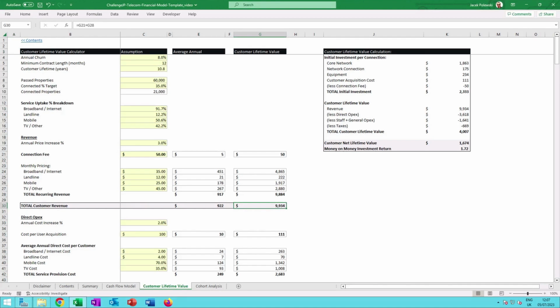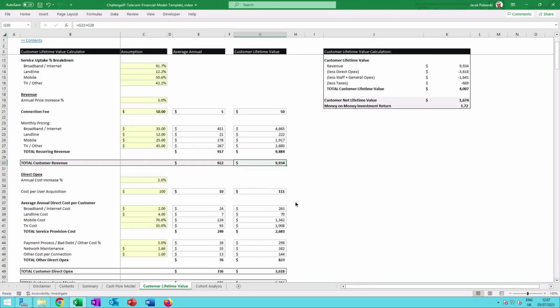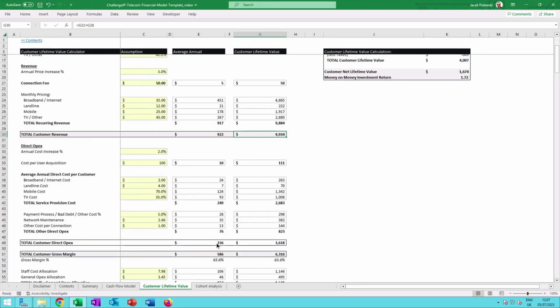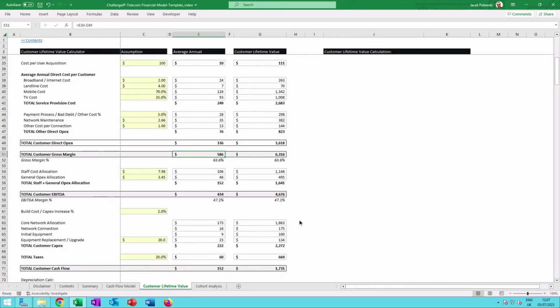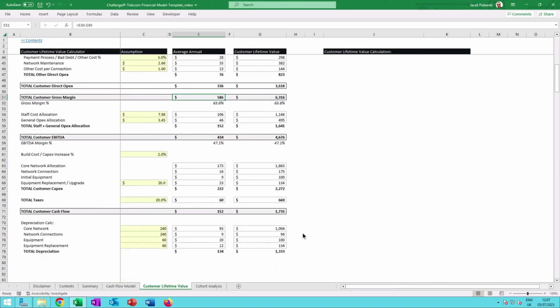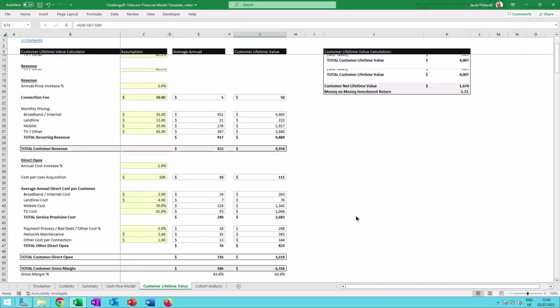So remember, we use some assumptions around the churn. We're assuming that some of the customers will eventually leave your service, which allows us to calculate the overall customer lifetime. So you have your calculations of revenue here, then the direct Opex, eventually the gross margin, and then any allocations of the staff cost, central cost, and then eventually the cash flow generated by each customer.